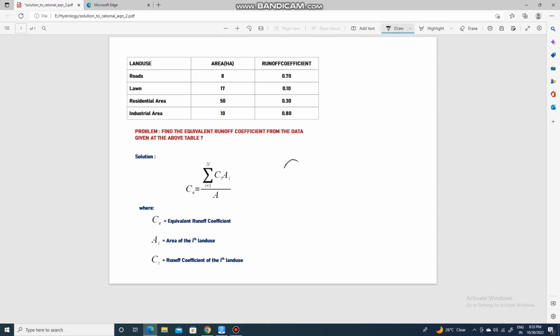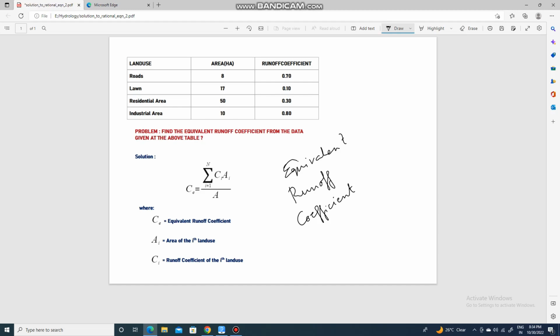the equivalent runoff coefficient is required to be calculated, where the area and runoff coefficient of different types of land use is already provided.